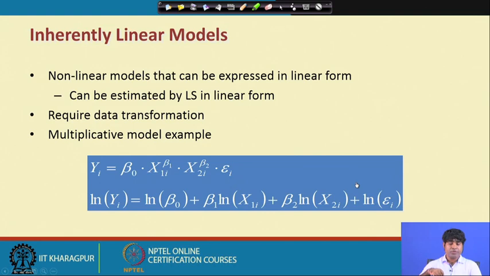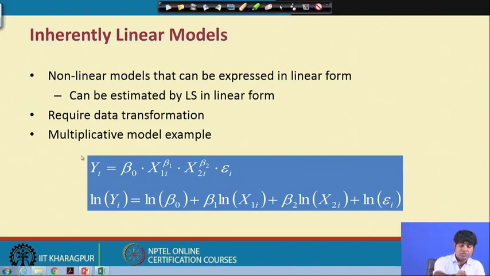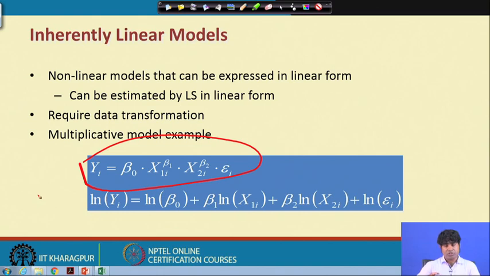The original model is like this, so we will go for transformation, which is the best way to bring it into linear format. Then we can go ahead with the OLS mechanism, estimate the process and have the estimated output, and the interpretation process will be more or less the same.